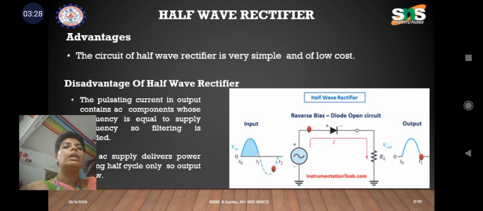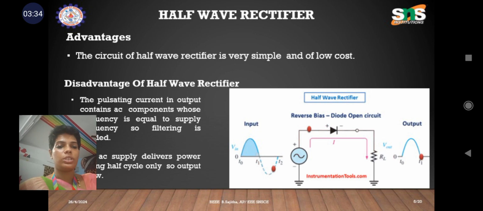Now, coming to the negative half cycle, what happens? The diode acts as an open switch, because in the negative half cycle the anode becomes less positive when compared to the cathode, and the PN junction diode is in the off state, thereby preventing the flow of current or electrons in the negative half cycle.